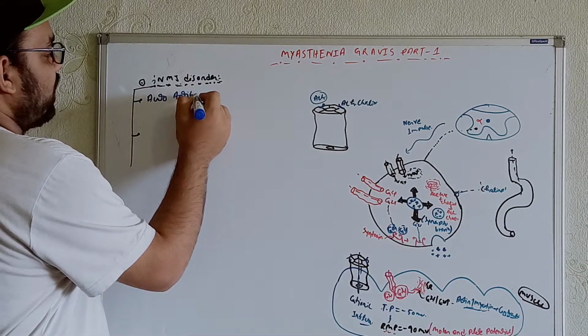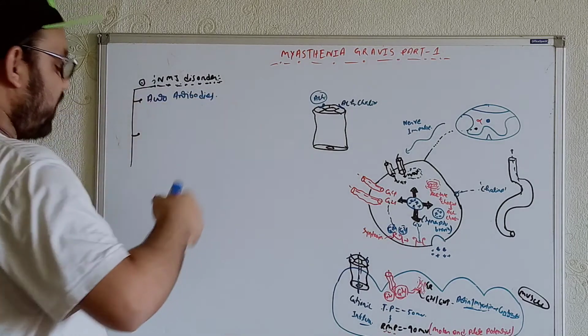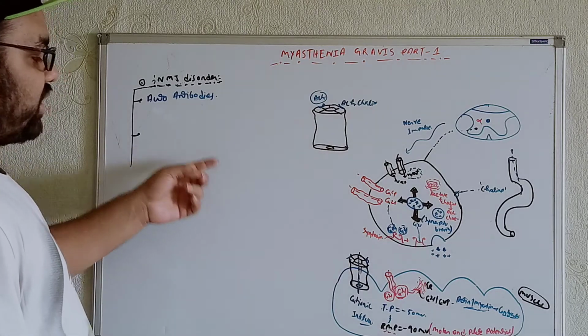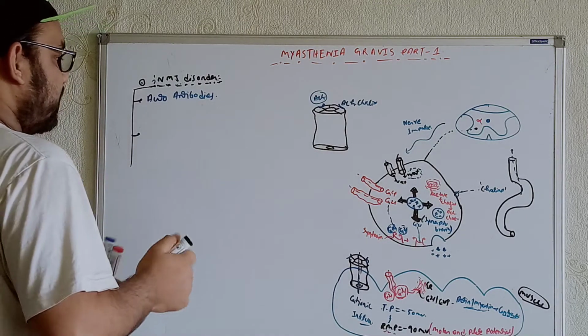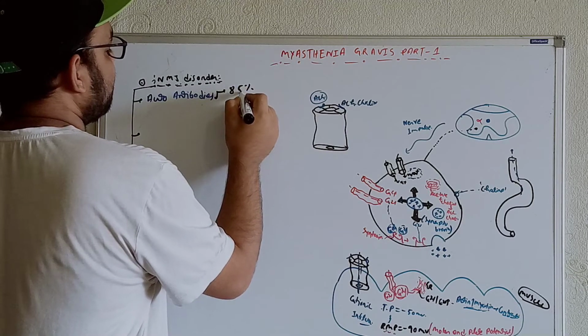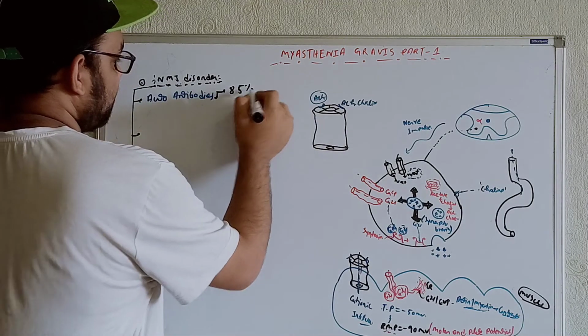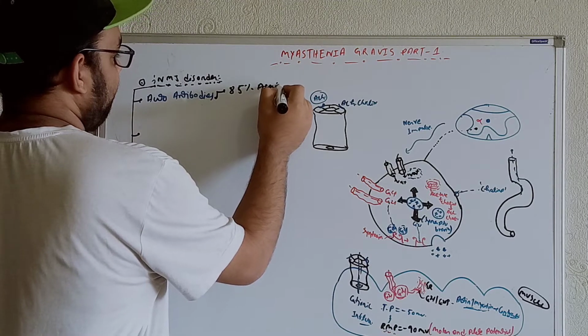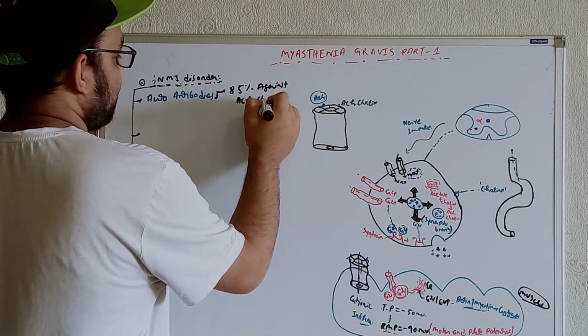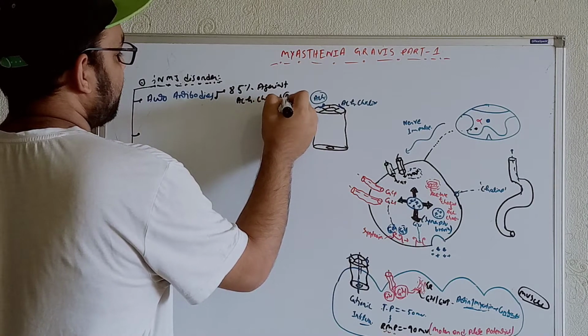What type of autoantibodies will we get over here? In 85% of the cases, we will get the production of autoantibodies against these acetylcholine receptors.